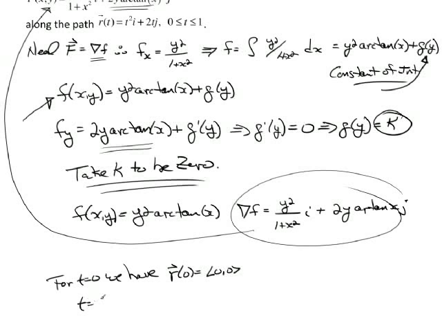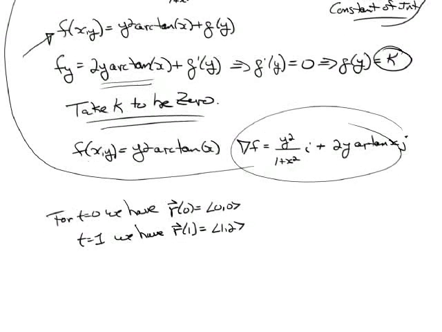And for t equals 1, we have r of 1, which equals (1, 2). Notice I wrote these both as position vectors.